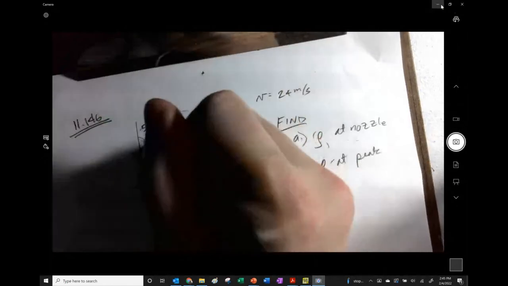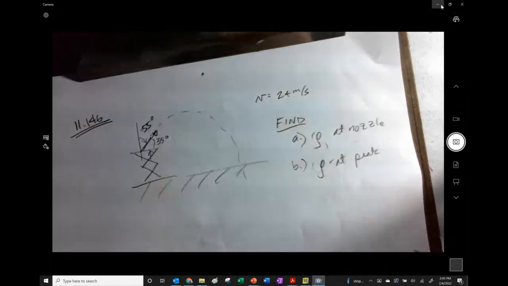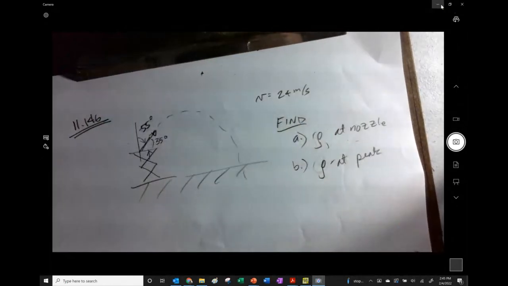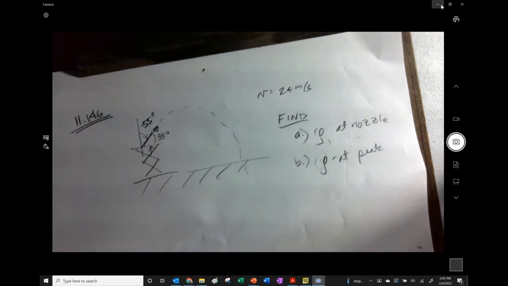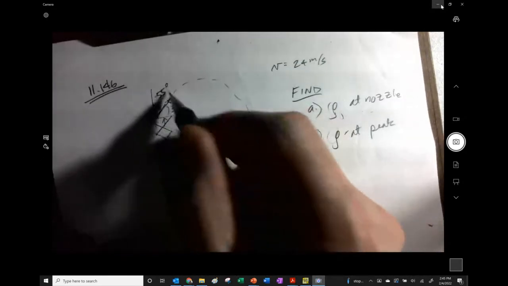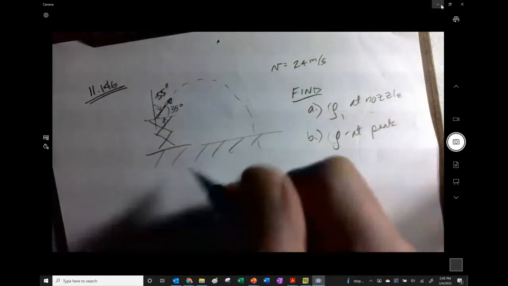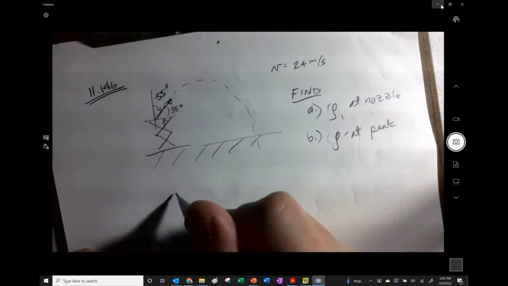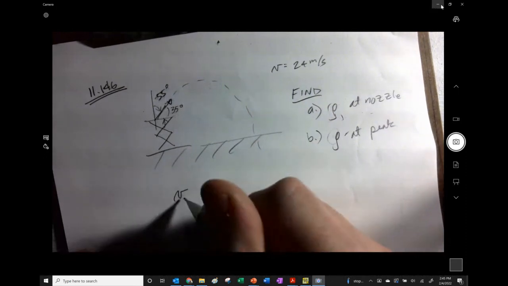But anyway, so what is that? That makes it this 35 right here, right? Math, sure. 80 and then 5 plus 5, 90 degrees. Got it. Okay.